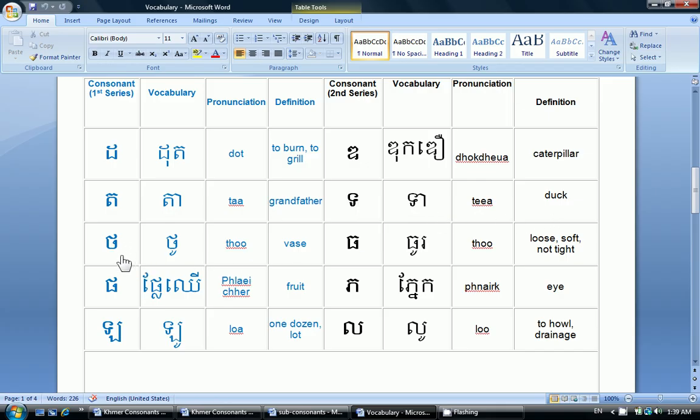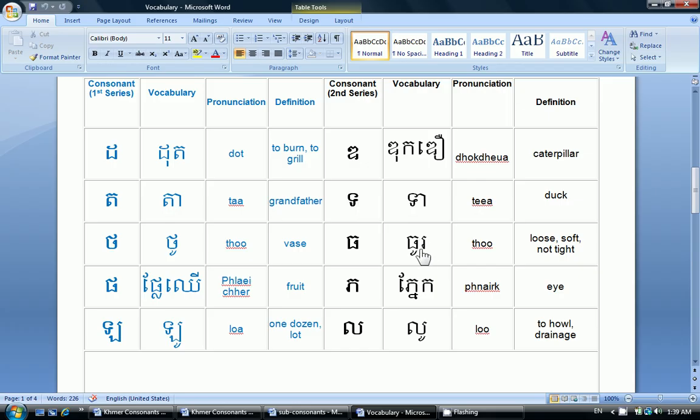First series consonant ta. Okay, here's the o, ta is the o, toe, which means vase. Ta's counterpart is tor. Tor is the o. Again, because tor is a second series consonant, the o becomes the oo. Tor is the oo, too.